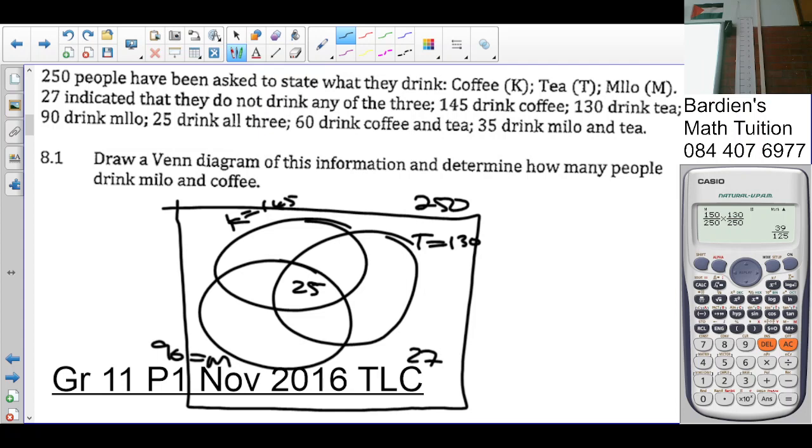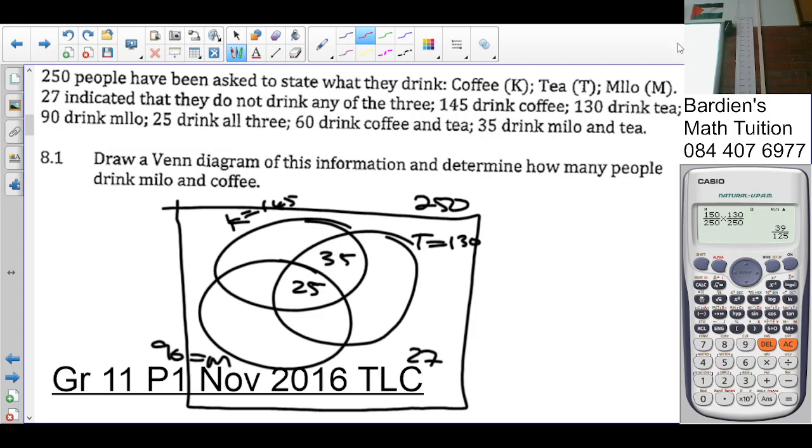60 drink coffee and tea. Now, coffee and tea, so this part is 60. Can you see that? But 60 minus 25 gives us what? 35. Not so? So how many people drink coffee and tea only? 35. 35 drink Milo and tea.